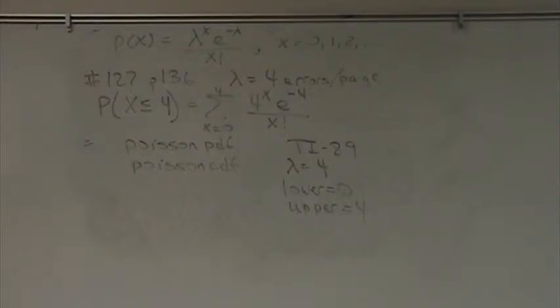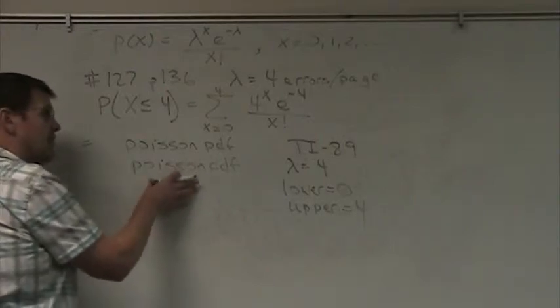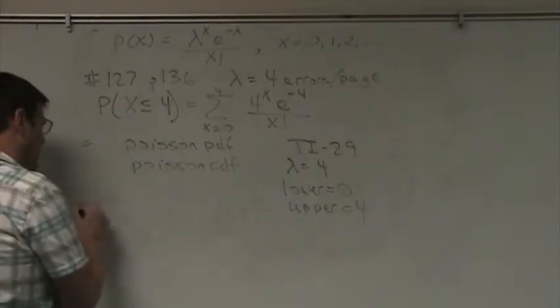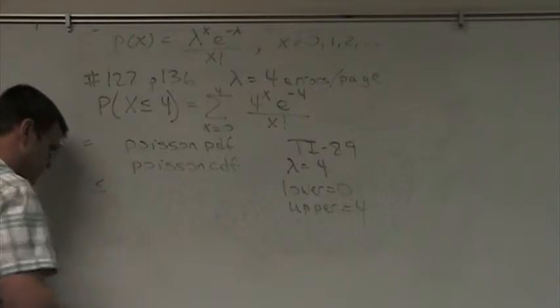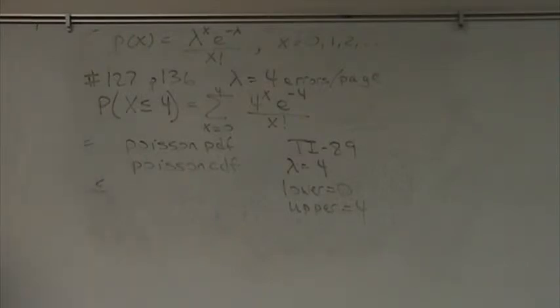Those of you with an 83 or an 84, the CDF on the 83 and 84, just like with the binomial, is strictly a less than or equal to, which is good in this case because that's what we're working with.